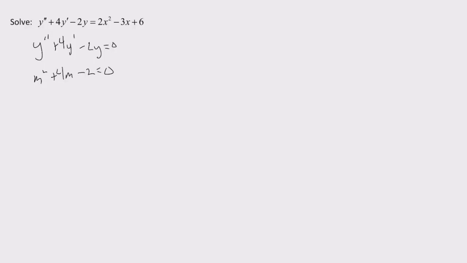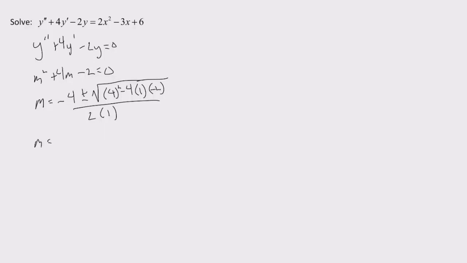Factor that, and then based on the solutions we get, we know what the general format of the equations is going to look like. Ooh, it is not factorable. Okay, scratch that. We're going to do the quadratic formula here. So m equals negative b plus or minus the square root of b squared minus 4ac, all over 2a.